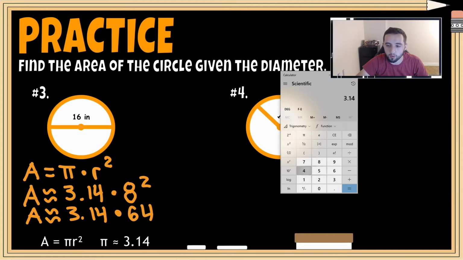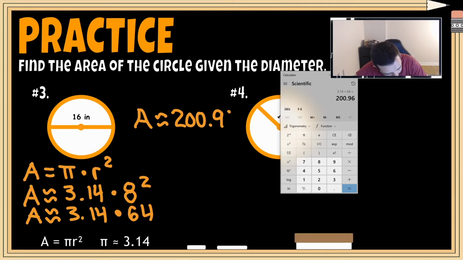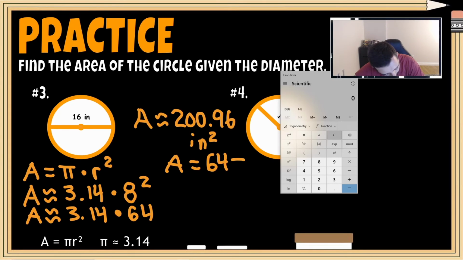We have 3.14 times 64, and we get our answer to be area is approximately 296 hundredths, and our units of measurement is inches, and then make sure that it's squared. And if you got your answer in terms of pi, it should have been area equals 64 pi for number 3. So hopefully you got that for number 3, and now we got one more.